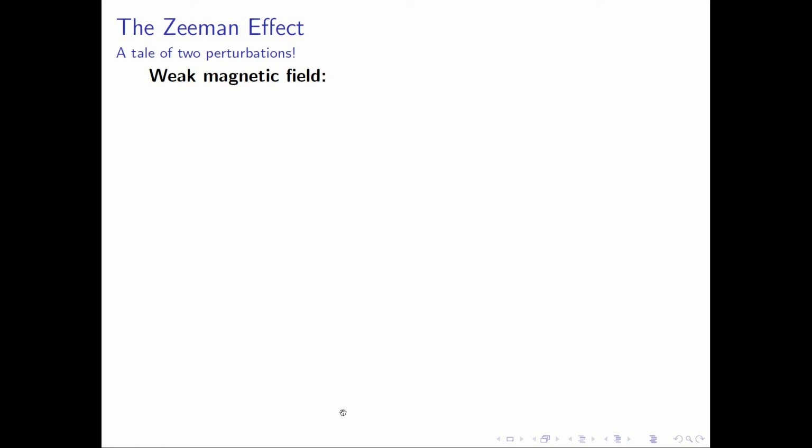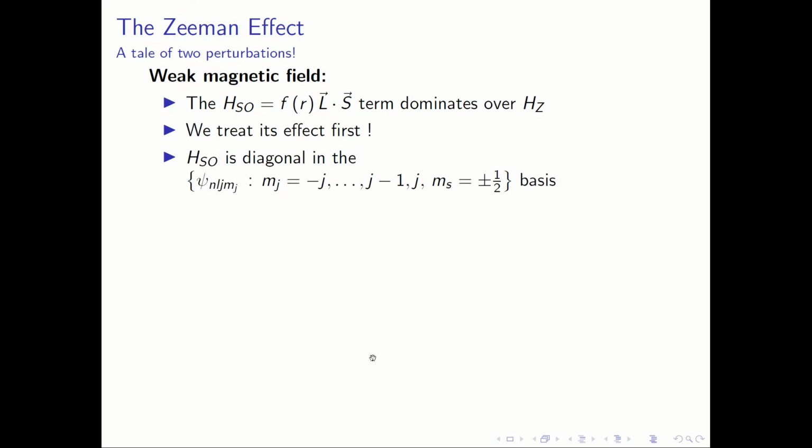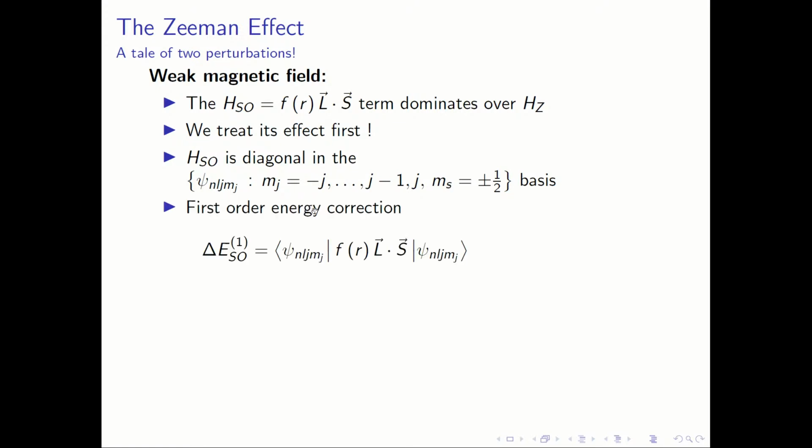What happens in a weak magnetic field? Well, here the H_SO term, the spin orbit term, dominates over H_Z. So that's the perturbation you have to take into account first. We have to treat it first. Since H_SO is diagonal in this particular basis, as we have already seen a while ago, the first order energy correction due to this spin orbit term has to be calculated using this basis.